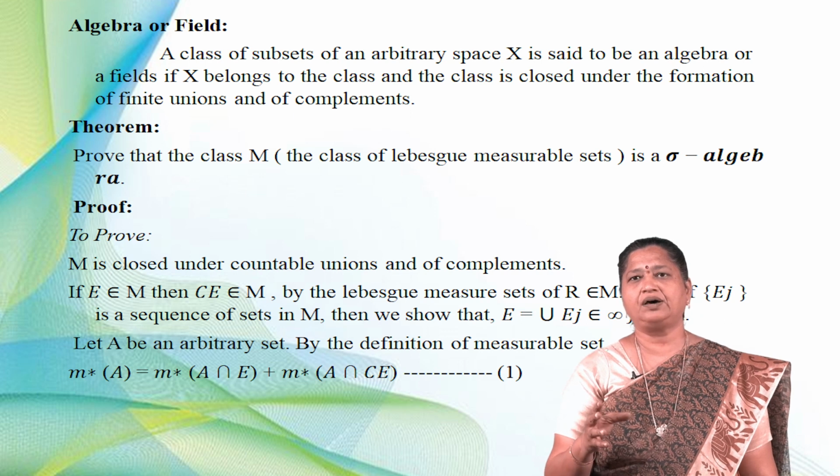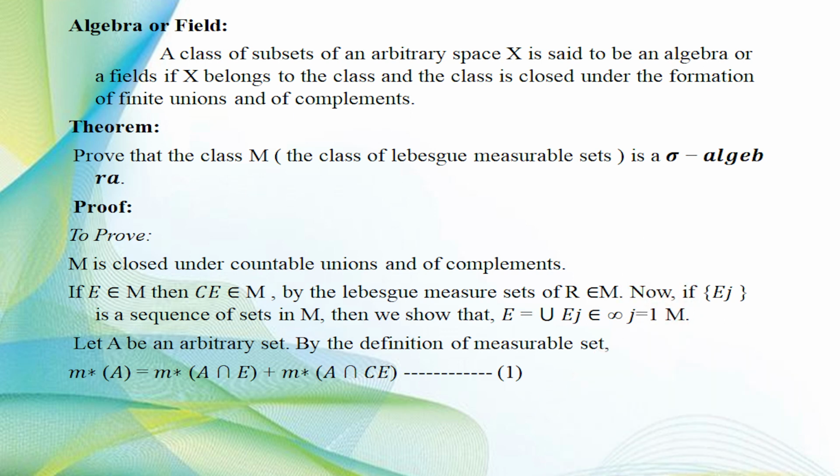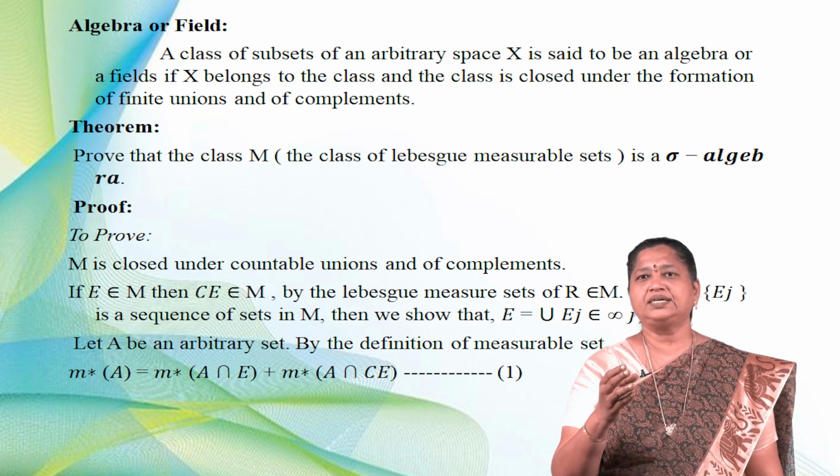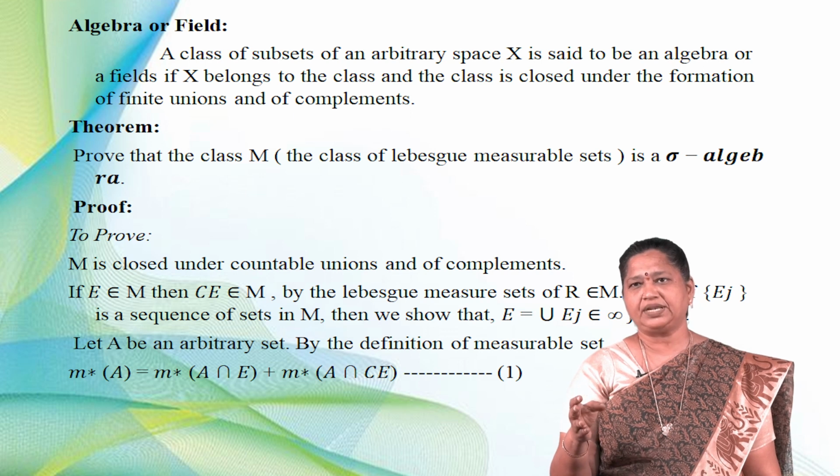The real line R belongs to M. Now if E_j is a sequence of sets in M, then we will show that E, the union of the E_j, which are measurable sets, belongs to M. Next, let A be an arbitrary set.